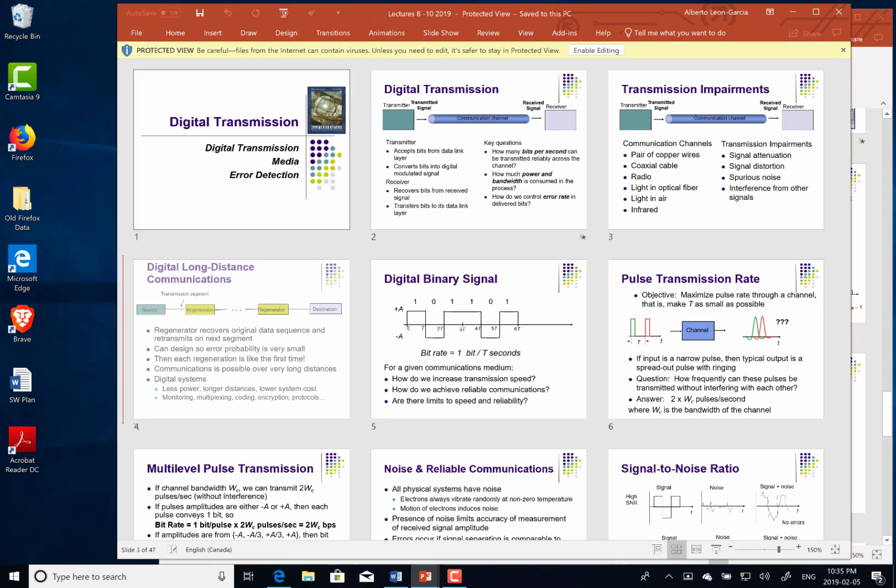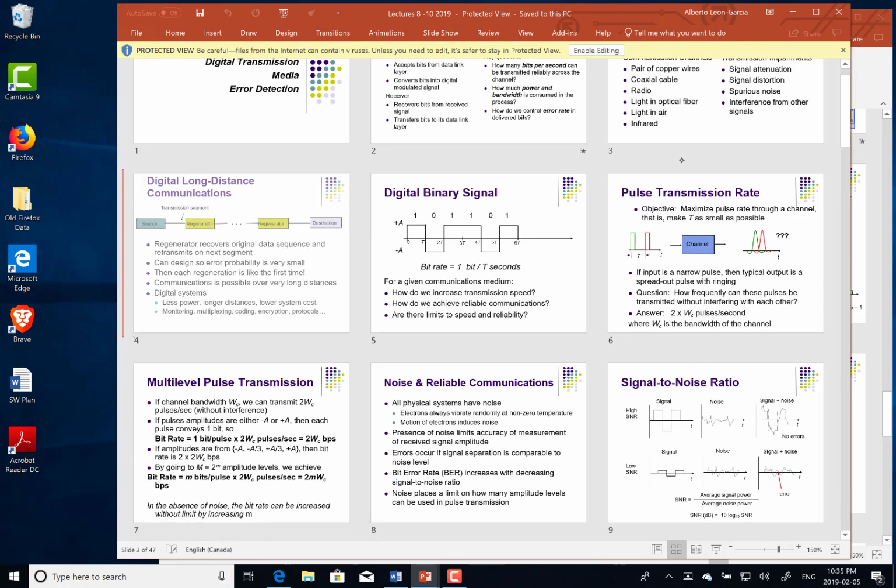We then started looking at some physical layer aspects. We talked about how digital communications takes place. We covered it very, very briefly, but we talked about binary signals. So you have some zeros and ones across media, such as cables or radio.